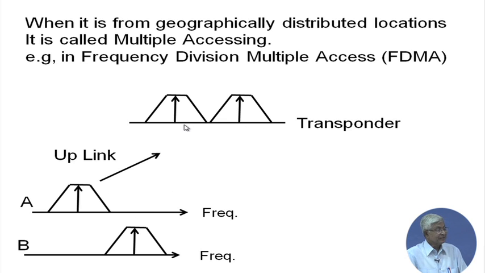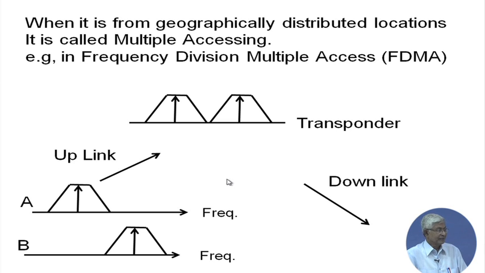So, it is frequency division multiple accessing, but from the transponder to the receiver, on the downlink, it is now a multiplexed signal coming down. The receiver has to have a wider filter to receive both, or individual filters, knowing where they have transmitted and which part of the bandwidth is taken by which station.